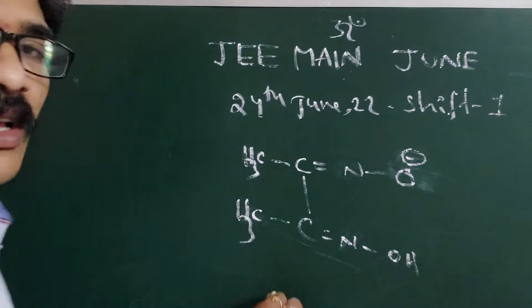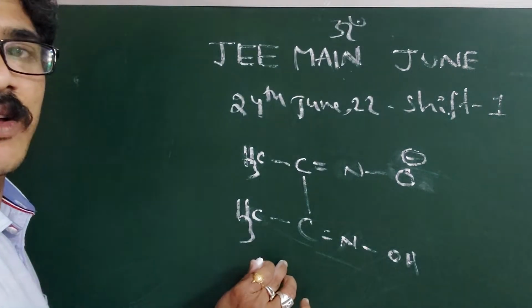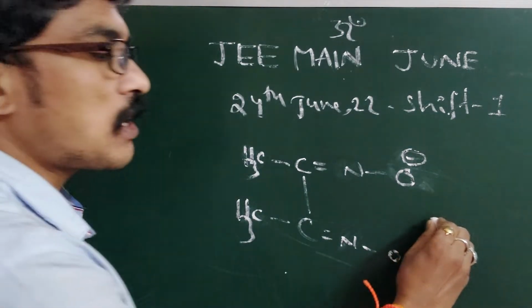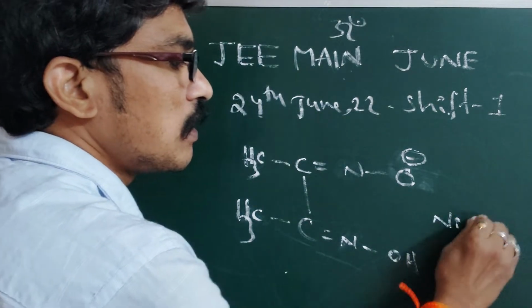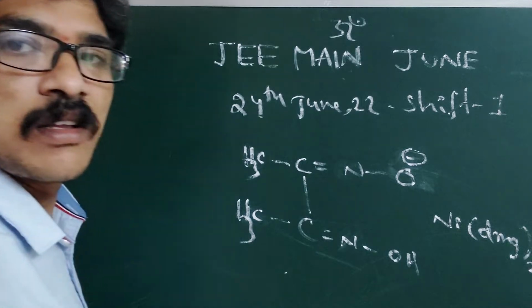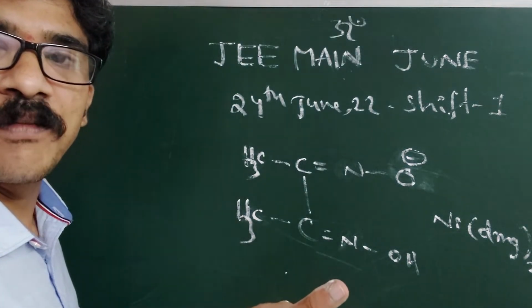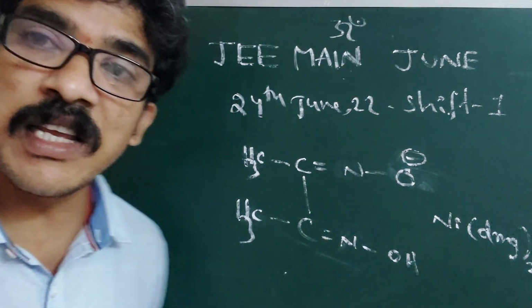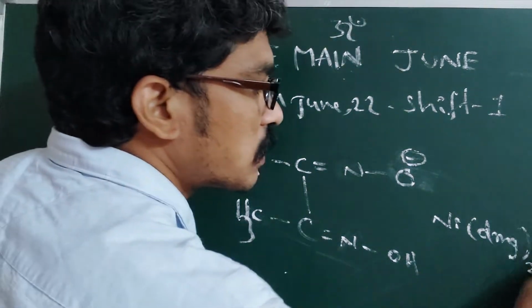So therefore, it combines with nickel and forms the complex Ni(DMG) taken twice. That is a very important point. Here DMG, dimethyl glyoximato, is taken twice.